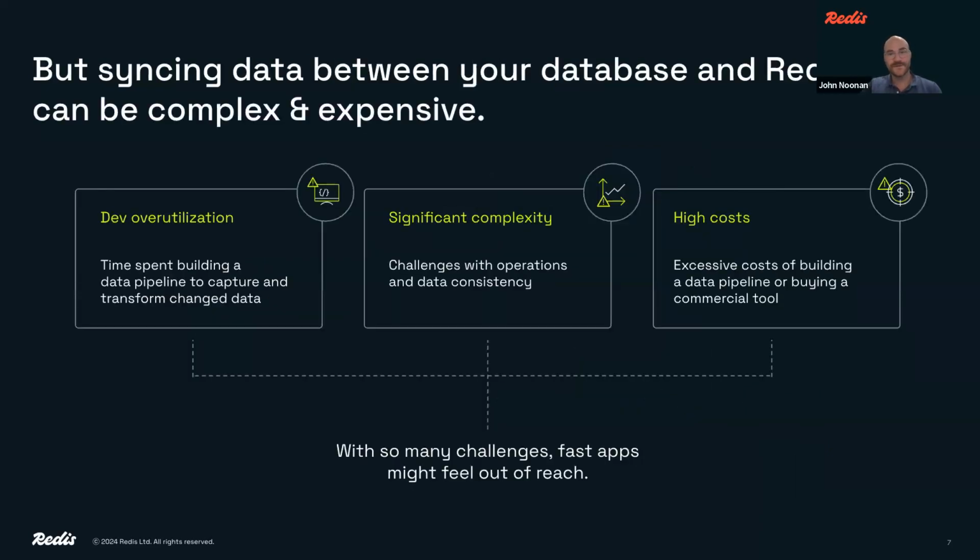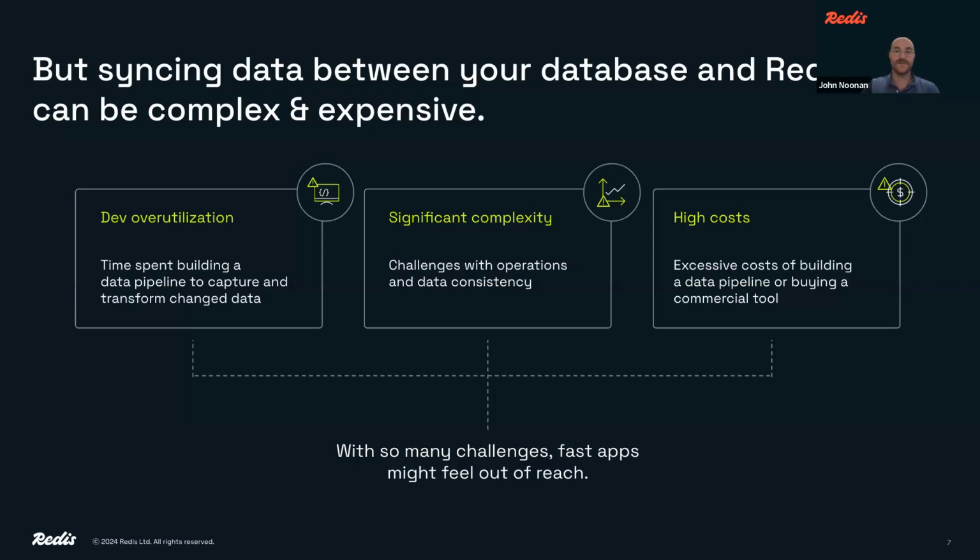So in order to speed things up, caching into a fast technology like Redis makes a lot of sense. But in order to do that, you need to keep data in sync between your database and Redis. And this is often a really significant challenge, as well as a large development effort. You can use a cache aside pattern, but then you'll be dealing with stale data or cache misses, which can actually increase your overall system latency because data is often requested both from your cache and then again from your primary database.